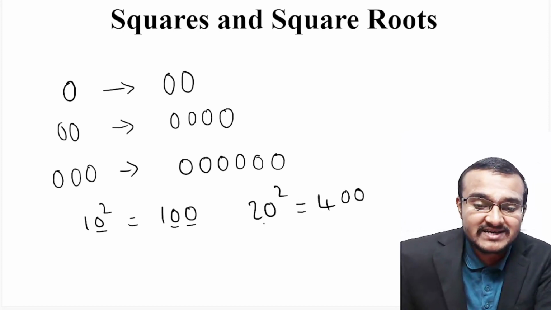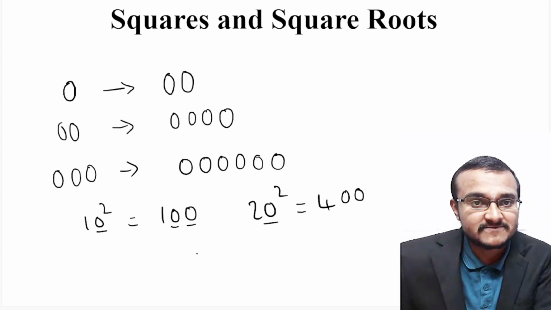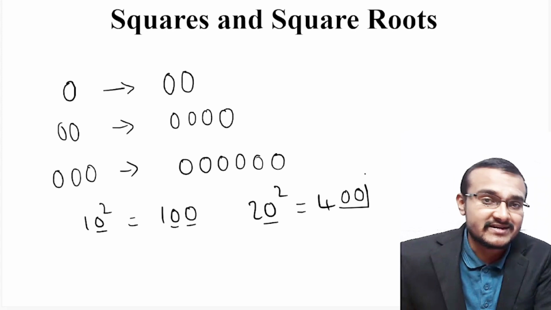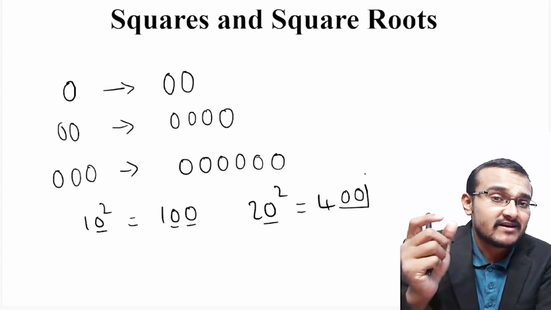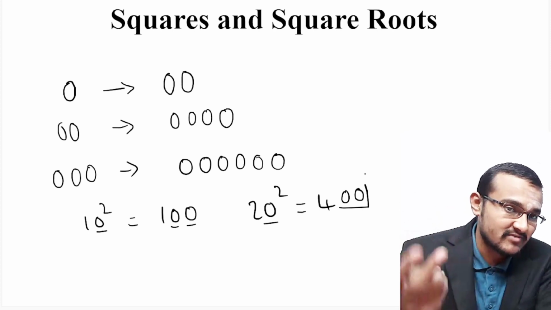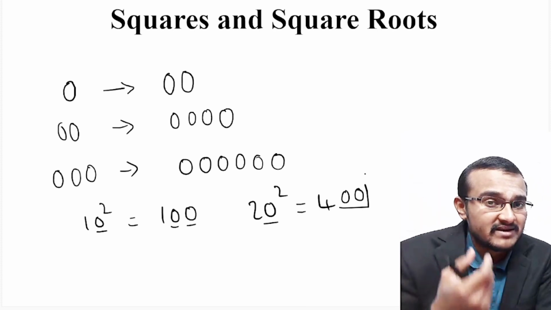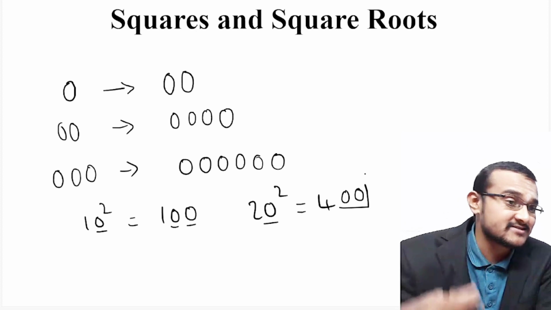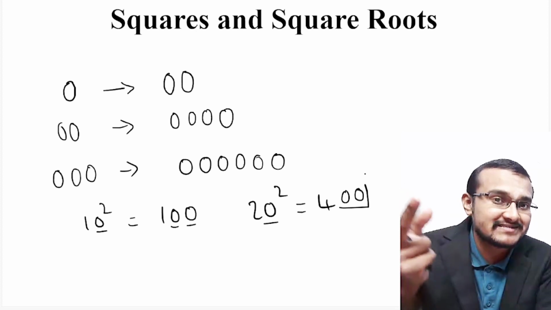Here also you can see 20 has only 1 zero in its units place, but 400 has 2 zeros in it. That shows if a number is ending with 1 zero, then its square will be ending with 2 zeros. If a number has n zeros in it, then its square will have 2n zeros.